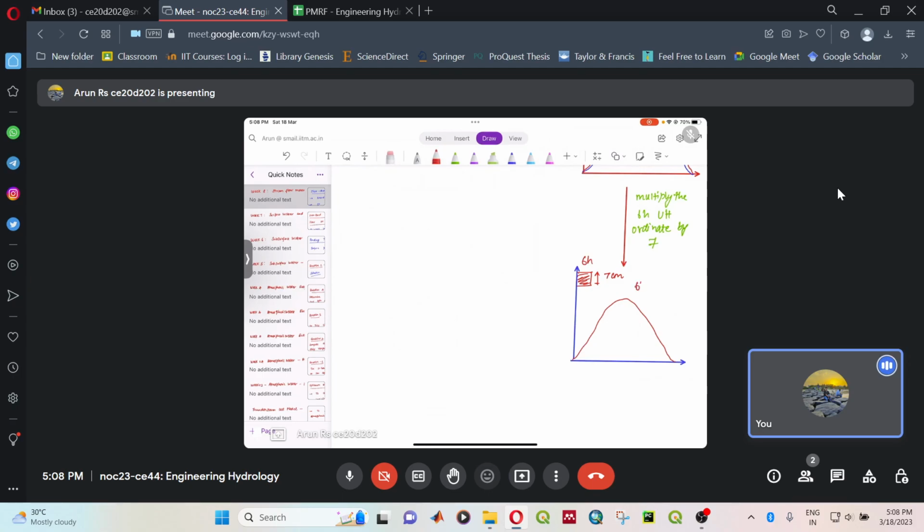So it will result in a 6-hour DRH of rainfall excess 7 centimeters. Again, to obtain the flood hydrograph, we need to add the base flow to all the ordinates.